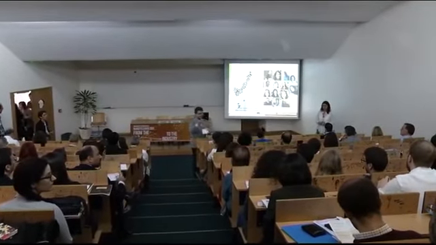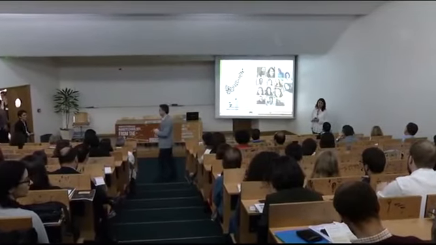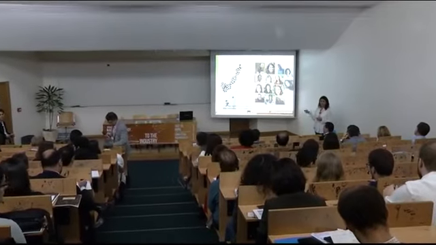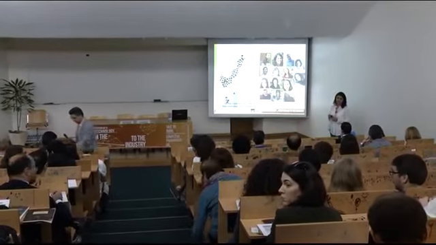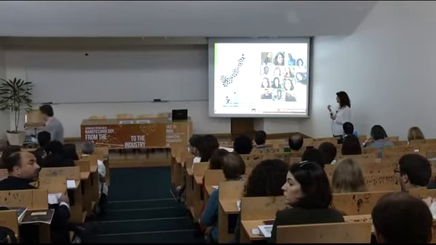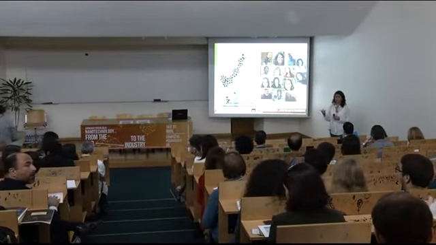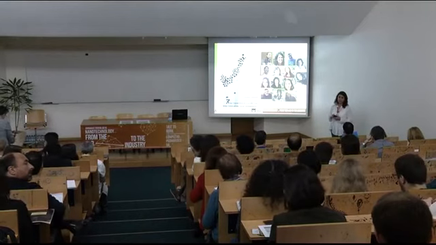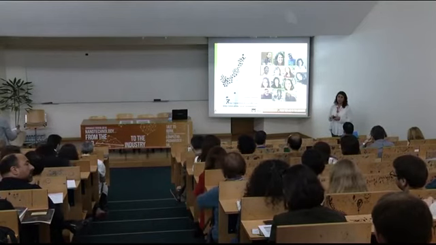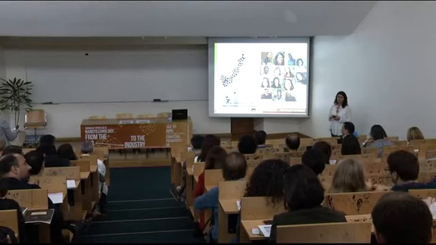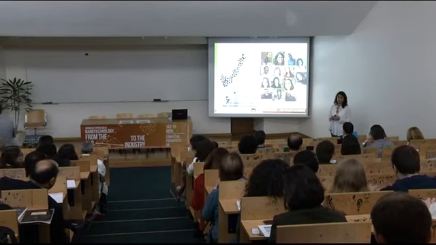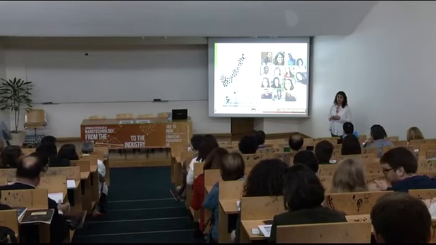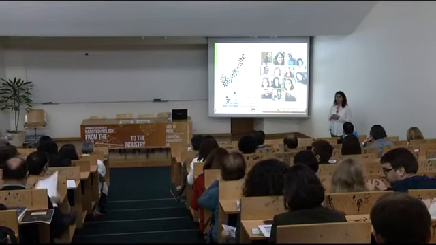We have done several studies also on soil organisms. We have the same approach for silver nanoparticles with some organisms that live in soil. Silver is one of the most toxic particles for soil organisms and also for aquatic organisms.